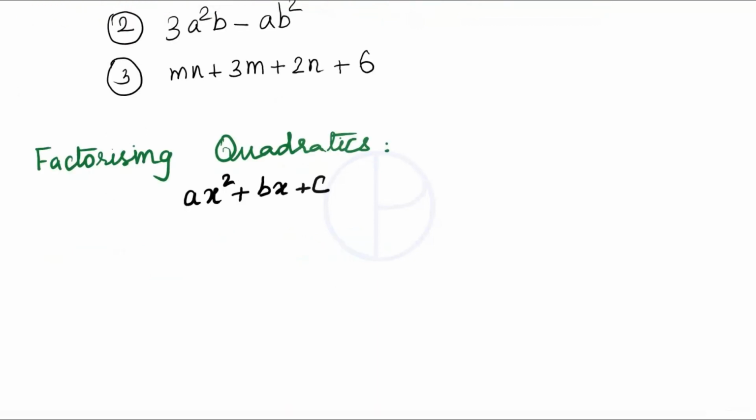Let's factorize x square plus 7x plus 12. Let's factorize this by the inspection method. That is, look for two numbers that multiply to plus 12 and add to plus 7. Let's list the pairs that multiply to plus 12.